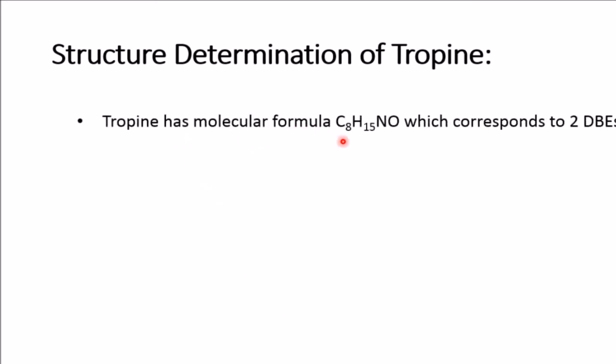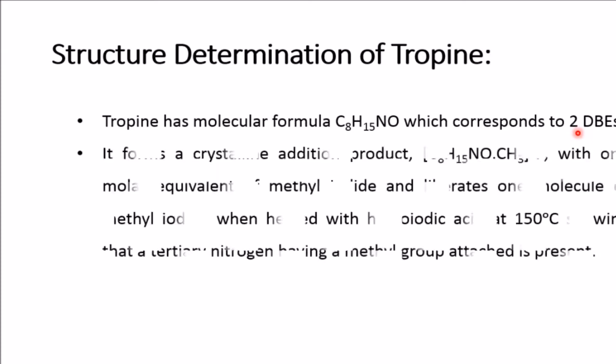Tropine has a molecular formula C8H15NO, which corresponds to 2 DBEs.